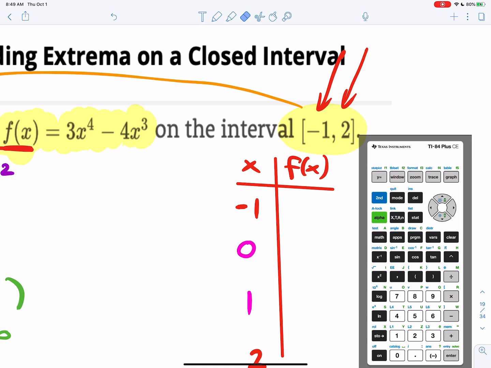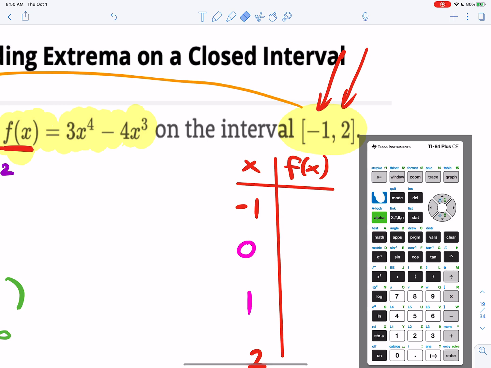Okay, so when you go to table set, so second and then window, you should see two words, independent and dependent. You want to go ahead and change independent to ask. So hover over the ask and then press enter, and it should bold it.